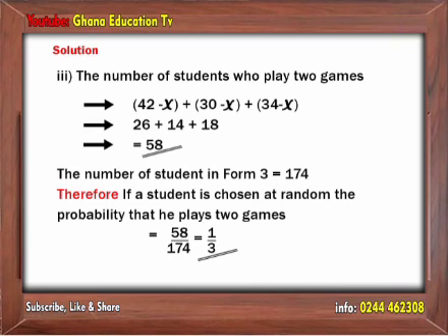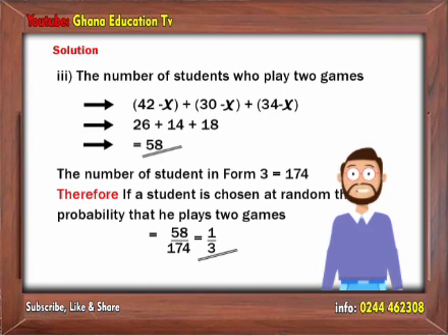So the number of students in Form 3 equals 174. Therefore, if a student is chosen at random, the probability that he plays 2 games equals 58 over 174, and that is 1 over 3. That is your answer for the probability.